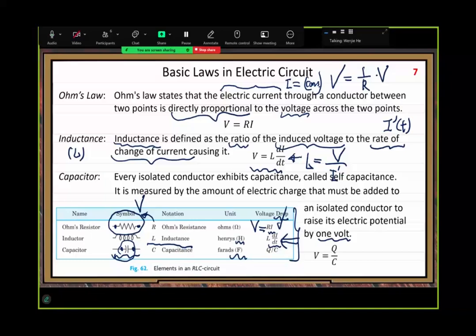Here, because it's voltage drop, you write volt here.